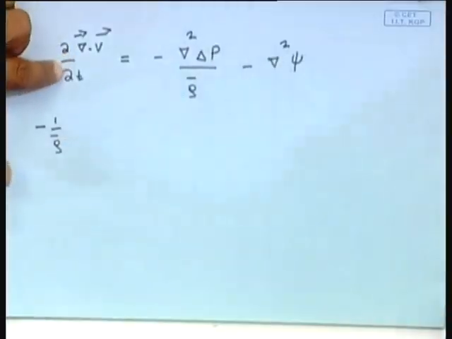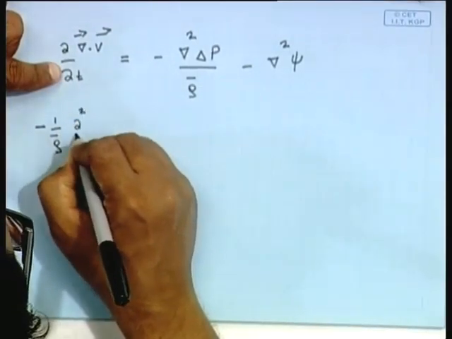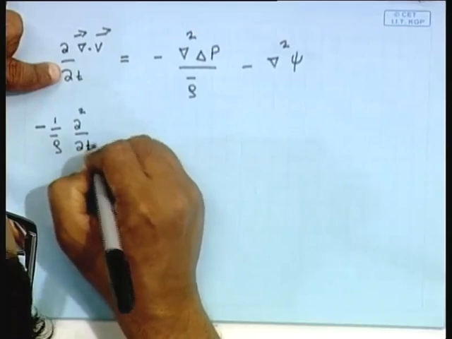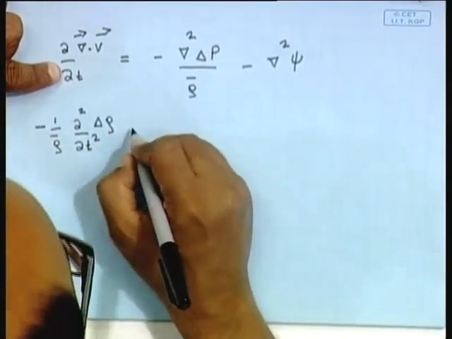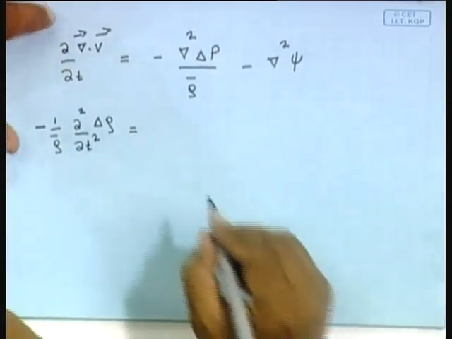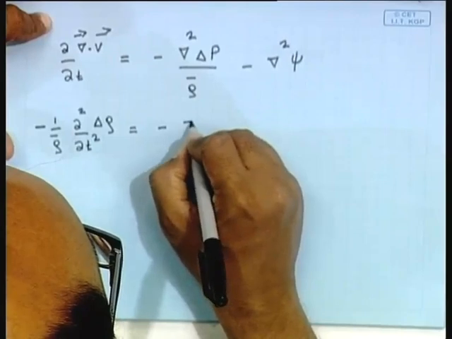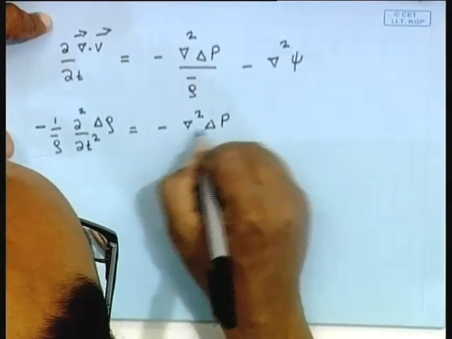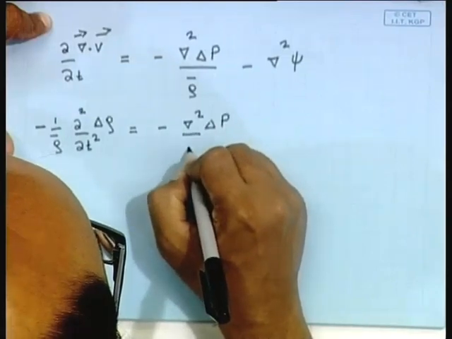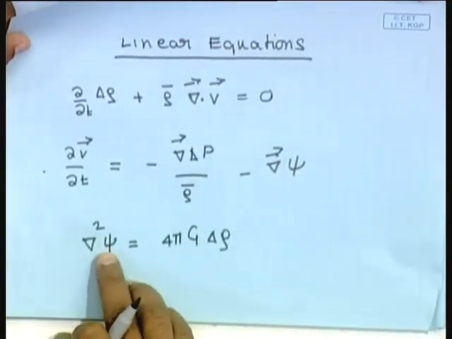So, what you have is the second derivative of delta rho, this is equal to minus del square delta P by rho bar, and we can use the Poisson equation to eliminate psi.